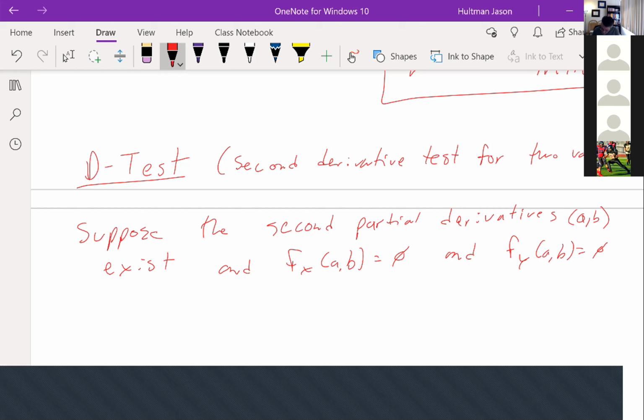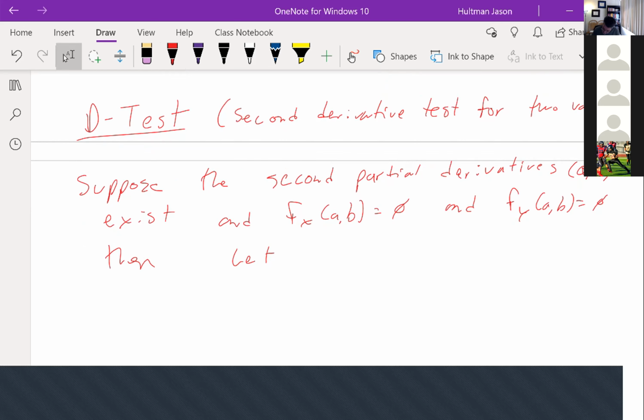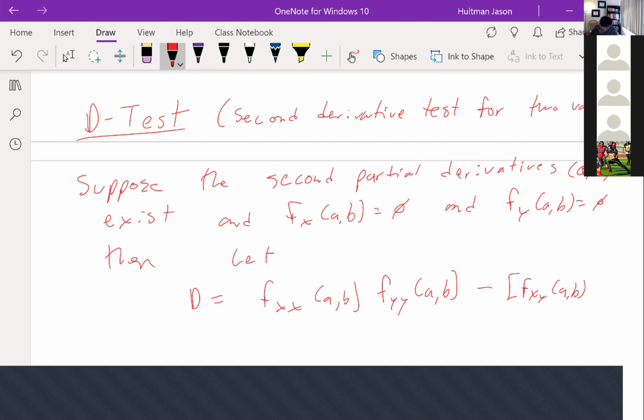Then let D equal f sub xx evaluated at (a, b), times f sub yy evaluated at (a, b), minus f sub xy evaluated at (a, b), squared.